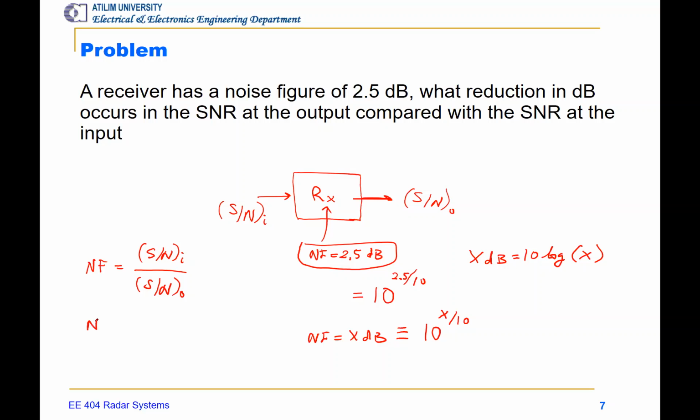In dB we can write it, the dB version is going to be S over Ni minus S over N out.